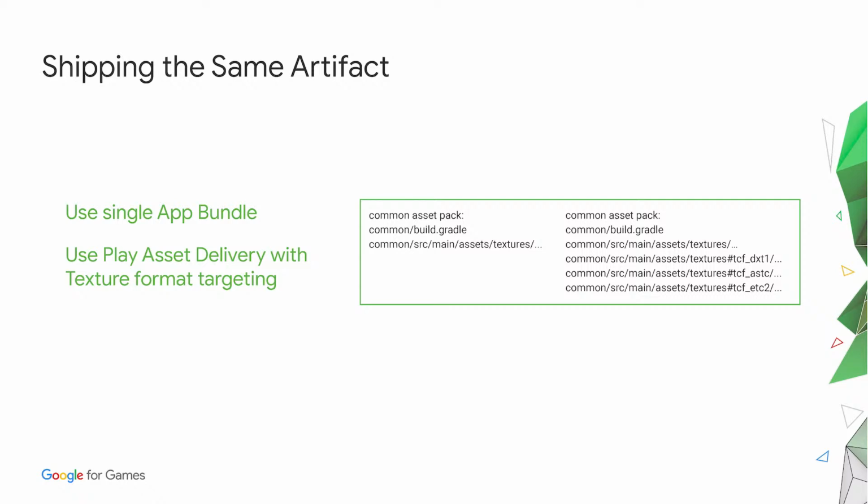For example, we will serve DXTC format only to Google Play Games on PC, and deliver ASTC textures to all the devices compatible with it for better performance. The rest of the devices will receive ETC2 by default. With this setup, you can achieve efficiency in the building and release process, as well as optimal downloading on each device. You can learn more in another session, Delivering optimized assets for your users with Play Asset Delivery, where we will talk in more detail about smart targeting.